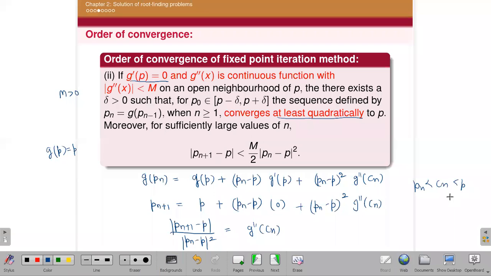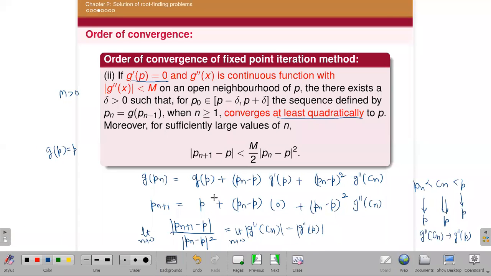So with the similar reason, again, this is converging to p, this is converging to p, that will also be converging to p. And here g double derivative is continuous. So then g double derivative at Cn will converge to g double derivative at p. So if you take the limit on both sides, if you take mod here, g double derivative at p.